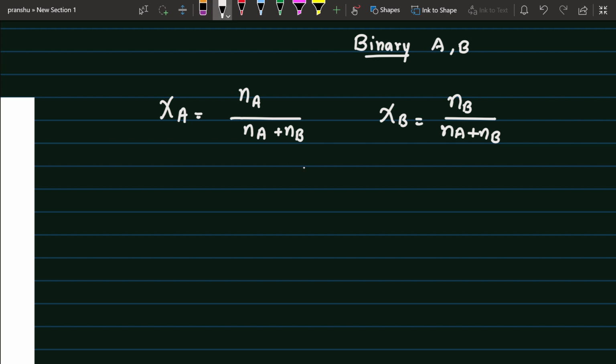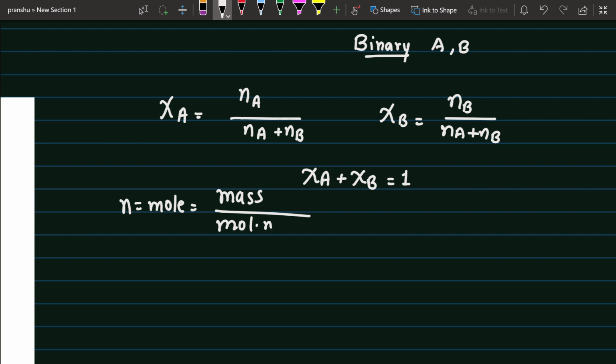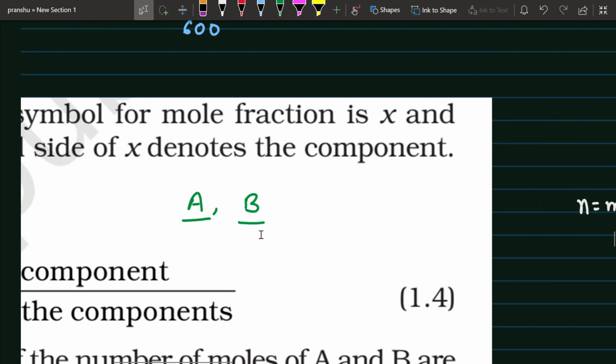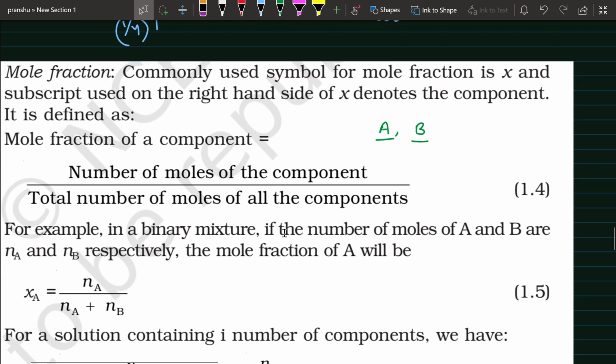So XA plus XB is equal to 1. N is nothing but mole, and you can remember the formula: mass in gram divided by molecular mass in gram per mole. By using this formula, we can calculate the questions of mole fraction.